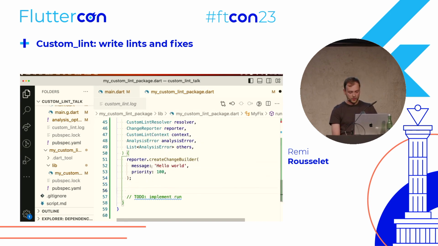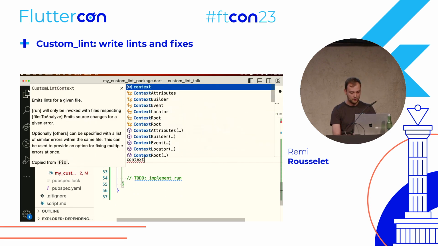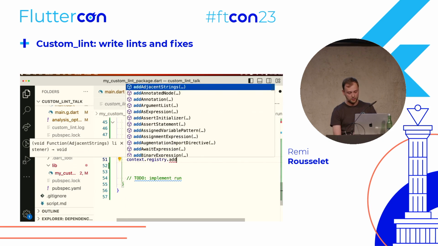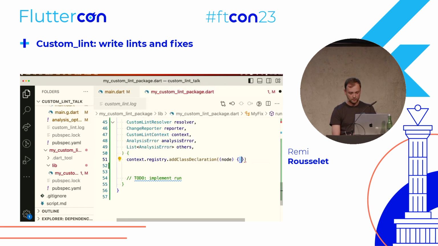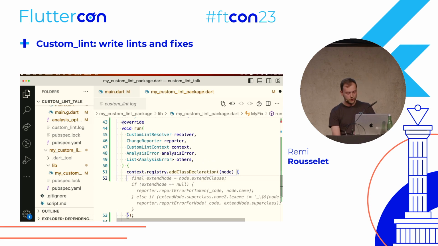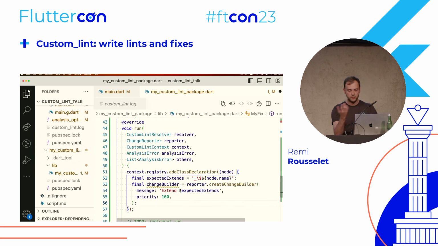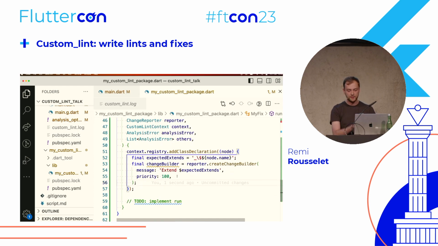To do changes inside, we can once again obtain the list of classes inside Dart files, like context.registry.addClassDeclaration. And so now what we could do is maybe create a change builder like before, but with a slightly more interesting message, like maybe extend this specific class instead of just hello world.